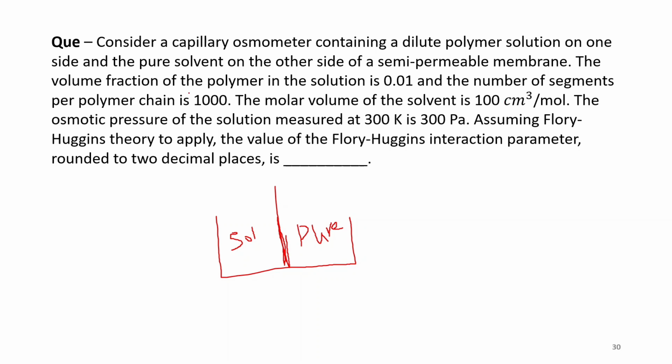The volume fraction of the polymer in the solution is given as 0.01 and the number of segments per polymeric chain is given as 1000, and the molar volume of the solvent is given as 100 centimeter cube per mole. The osmotic pressure of the solution measured at 300 Kelvin is 300 Pascal.